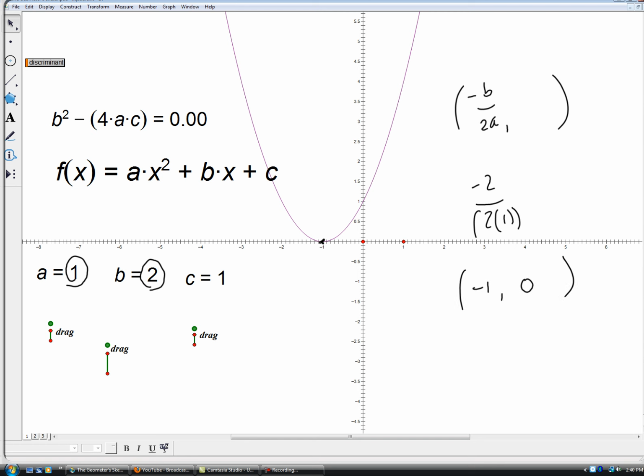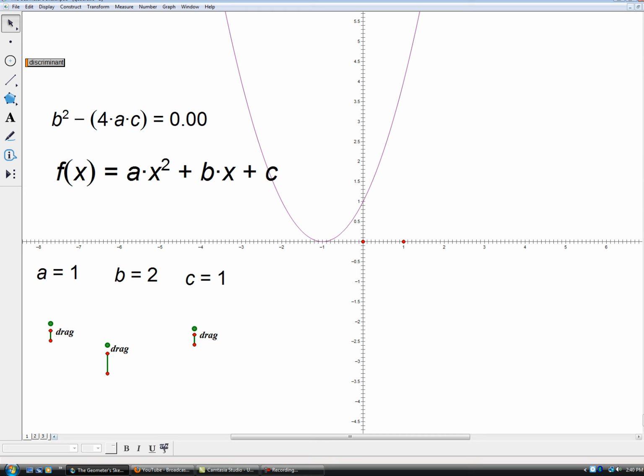And when we plug this into our quadratic, nice, we would get 0 as the output. So that is our root and our vertex. And that's the situation when our discriminant is 0.